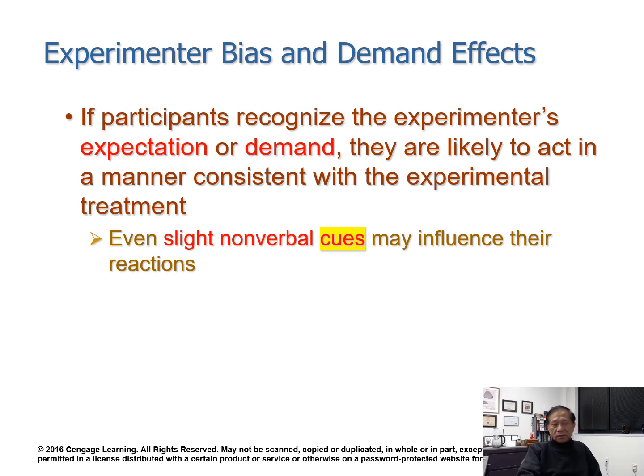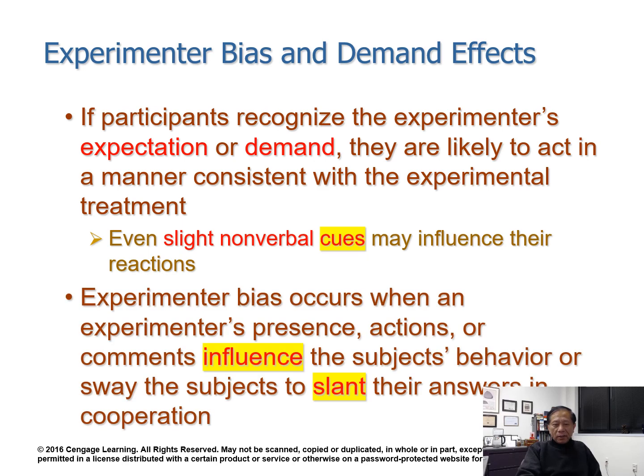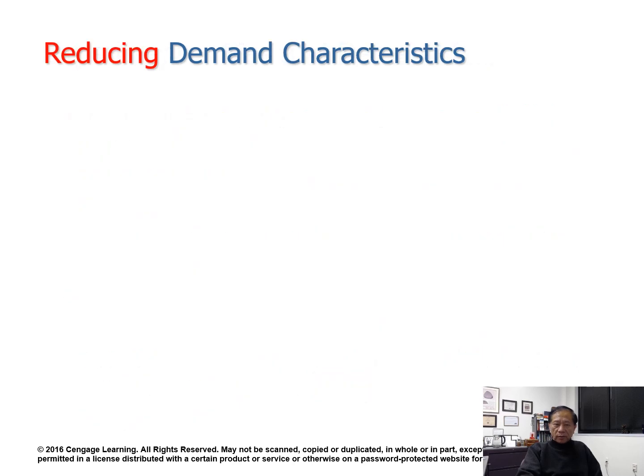They're keen observers. Okay? Experimenter bias occurs when an experimenter's presence, actions, or comments influence the subject's behavior or sway subjects to slant their answers in cooperation. Then that's not good. Okay?